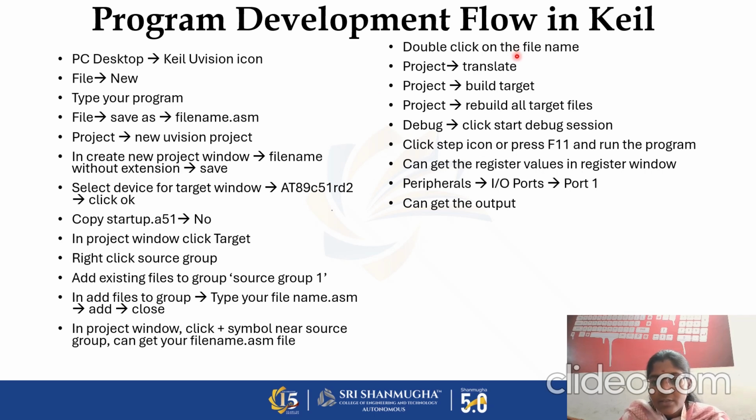Next click Project, Translate, then Project, Build target, then Rebuild all target files. After building, you can see a window with no errors. If you find any error, you have to rectify it and build the file again.